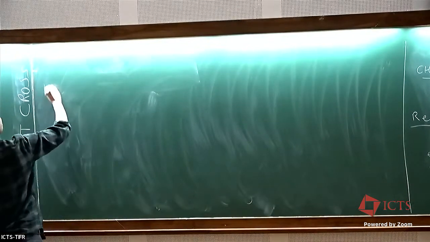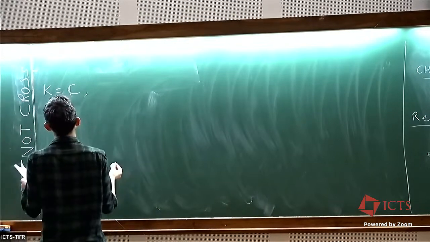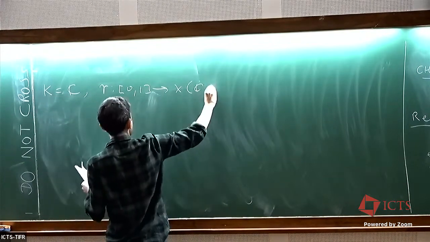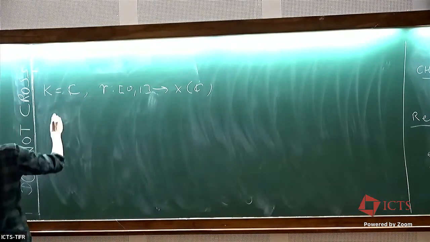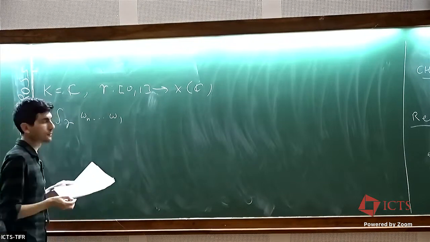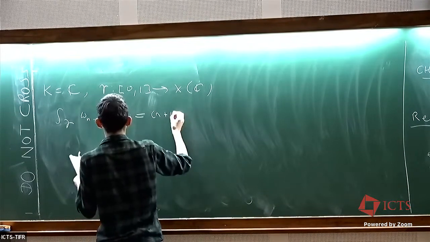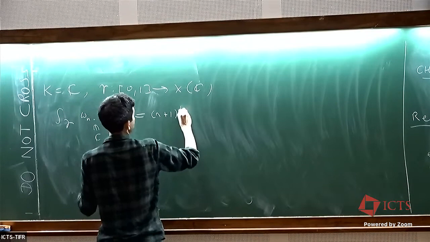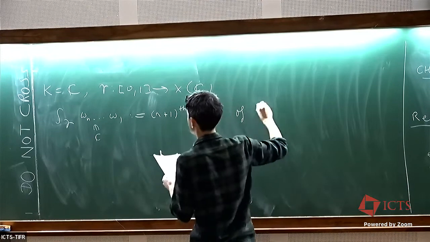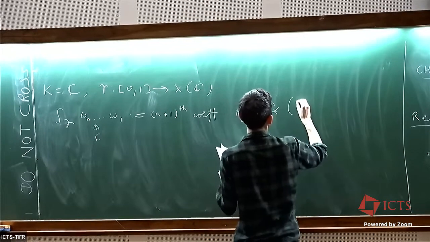And if now k is equal to c, and we have a path in X, then I'm going to define the iterated integral of omega n up to omega 1 along that path to be the complex number, the n plus 1th coefficient of the parallel transport isomorphism of (1, 0, 0).